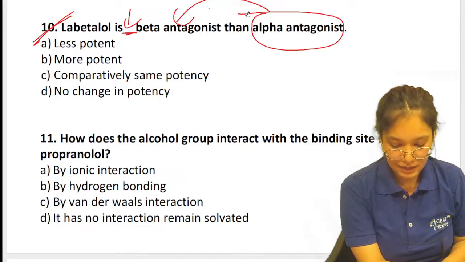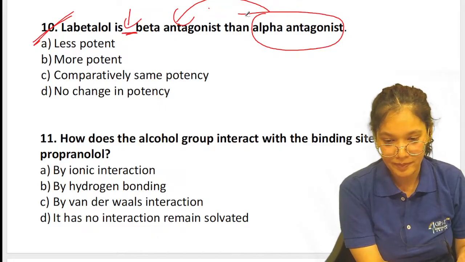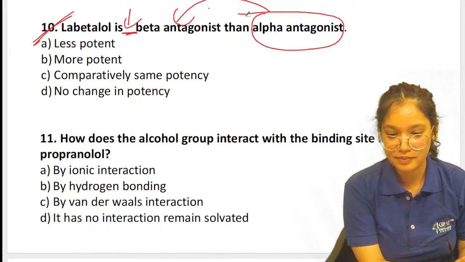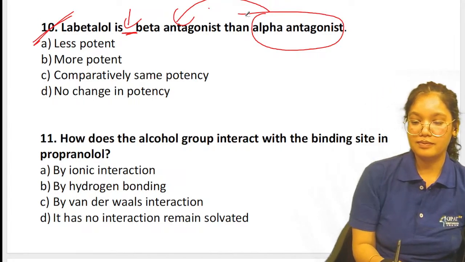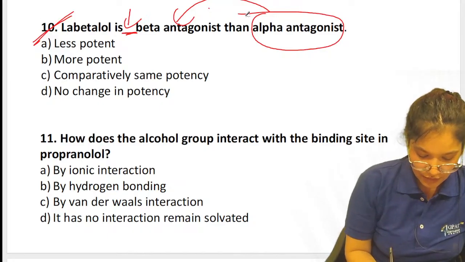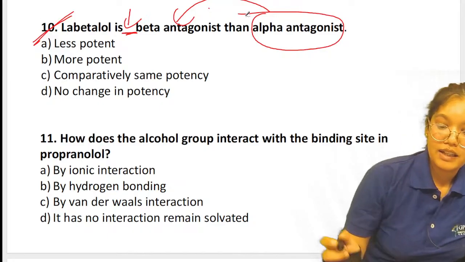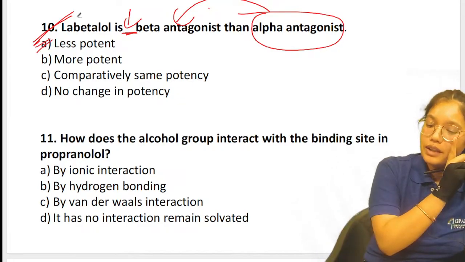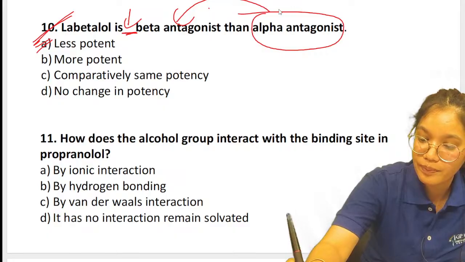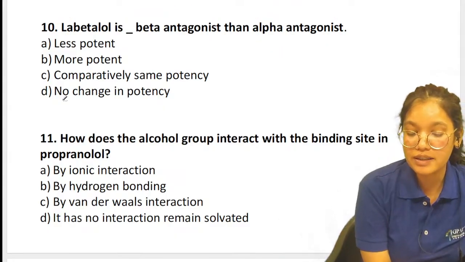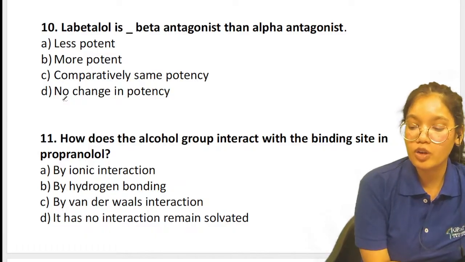Fast. Yes, Nimit, you are right. The less potent.